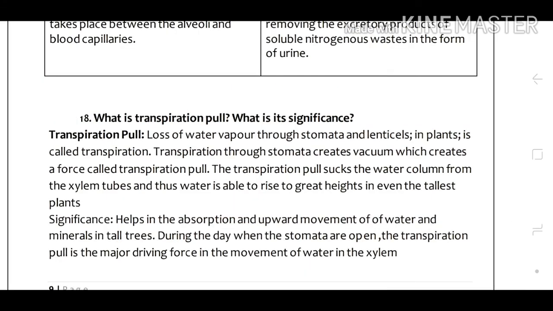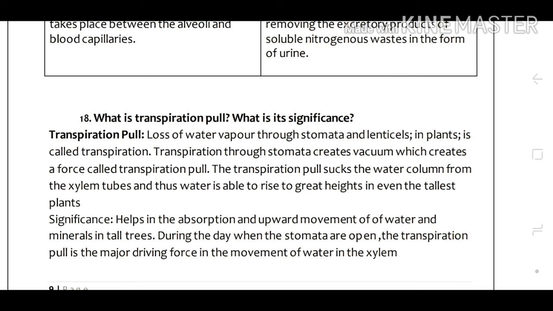Question number 18. What is transpiration pull? What is its significance? Transpiration pull. Loss of water vapor through stomata and lenticels in plants is called transpiration. Transpiration through stomata creates a vacuum, which creates a force called transpiration pull.